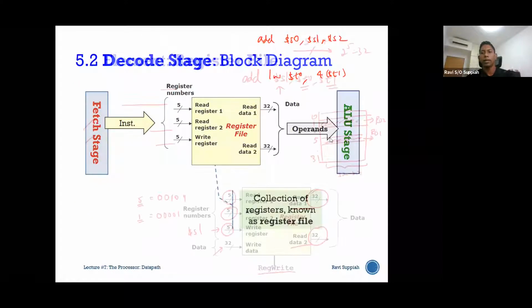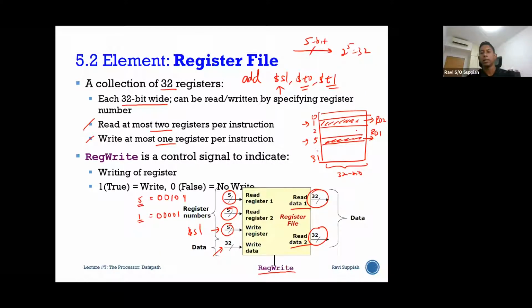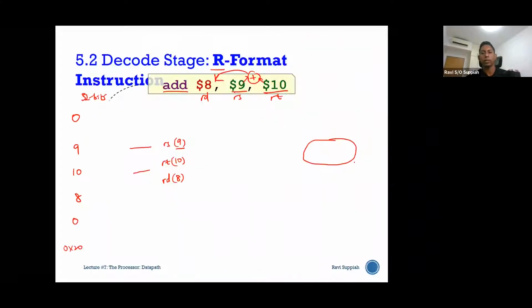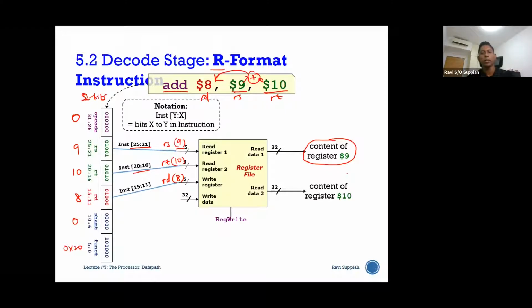When I specify a register number here, I will go and take the contents inside that register and put it out into RD1 and RD2. So that is what is happening here. The contents of register 9 will come out over here on RD1, and the content of register 10 will come out over here on RD2.